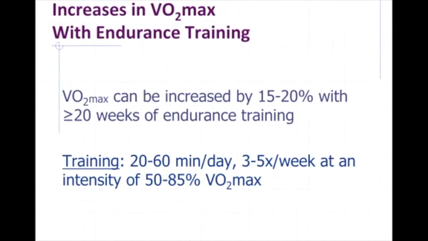So we need good, solid, consistent endurance training, usually 20 to 60 minutes per day, 3 to 5 times per week, at an intensity great enough to elicit increases in VO2 max, meaning at least moderate to high intensity exercise, 50 to 85% of your VO2 max. And that's when we can start to see increases in VO2 of about 15 to 20%.